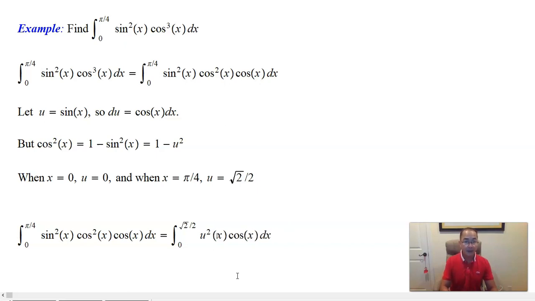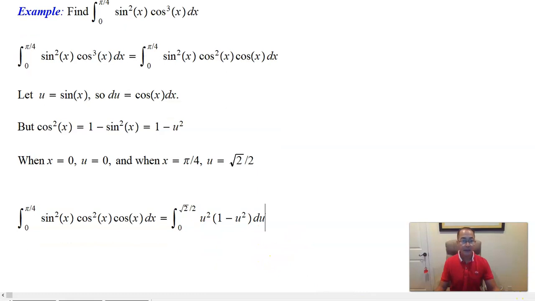So I will erase this, and I will put 1 minus u squared in there. Cosine x dx, we said that that is our du. Goodbye, but dx is now du. So that package, cosine x dx, that is our du. You don't just change the dx into a du because it's inconvenient. You have to make sure it comes with the right factors or whatnot.